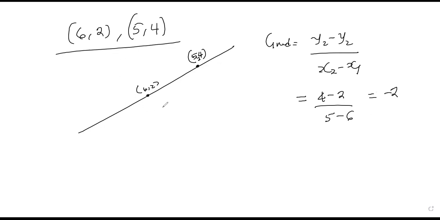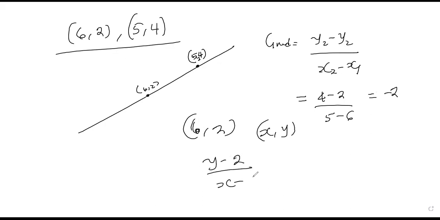Then now you assume another point to be passing through this line, and that point is X, Y. You deal with it with one of these points, maybe 6, 2. Since it is a straight line, they must be having the same gradients, meaning that if I'm to get the gradient of this point and this point, it will be Y minus 2 over X minus 6, which should be equal to -2.